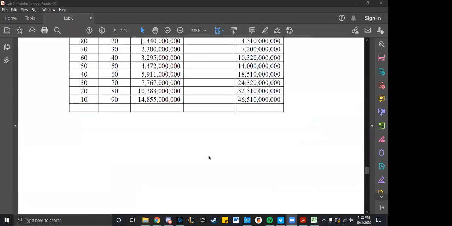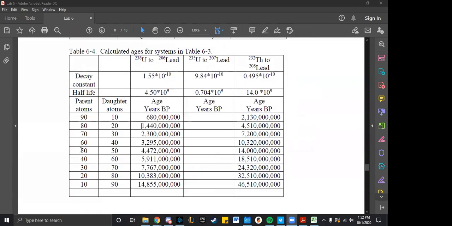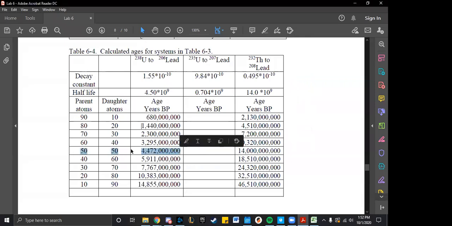So it's this big. That is what we're looking at. And this is roughly 4.5 billion years. Because this 7 is above the 5, it's going to round this 4 to a 5. And then we'll just say it's 4.5 billion years, which is the same as this number.